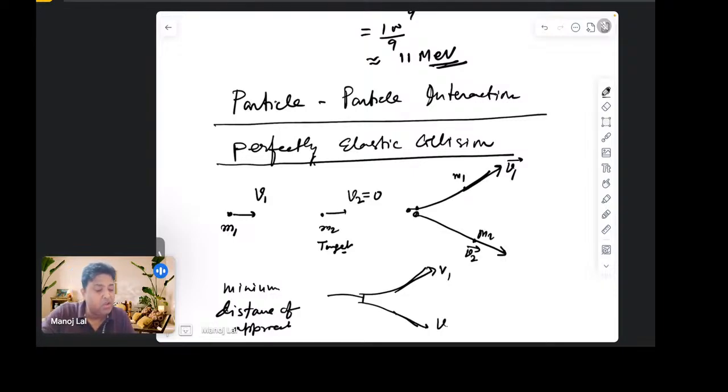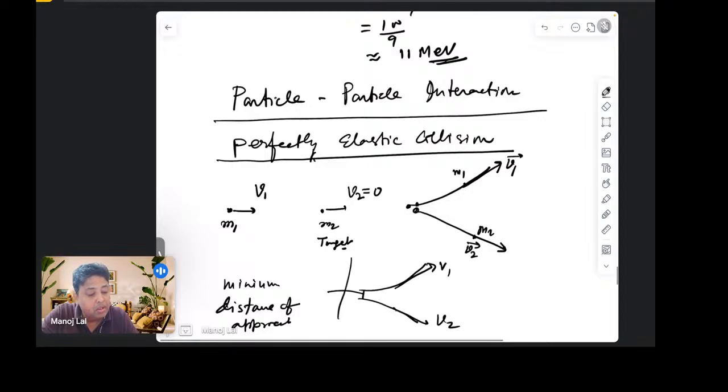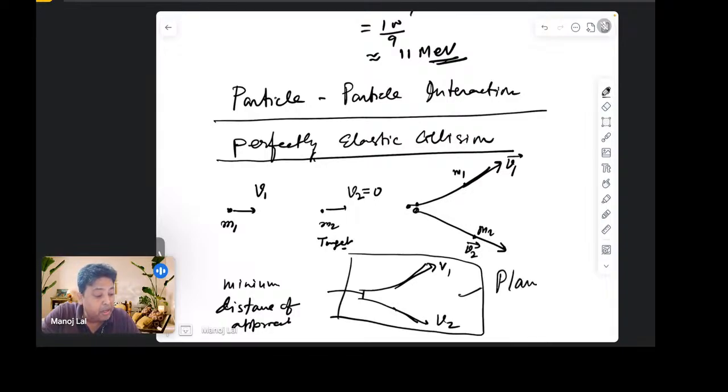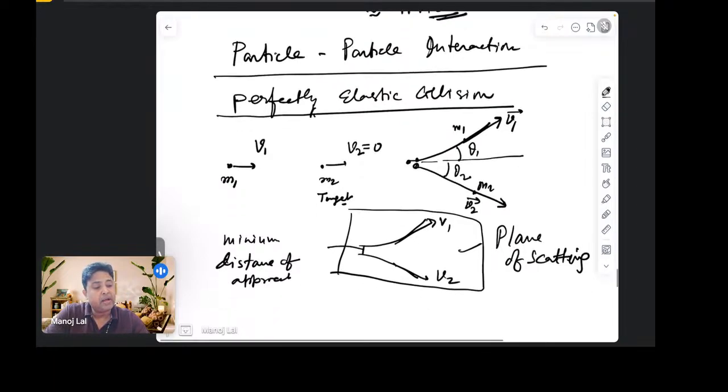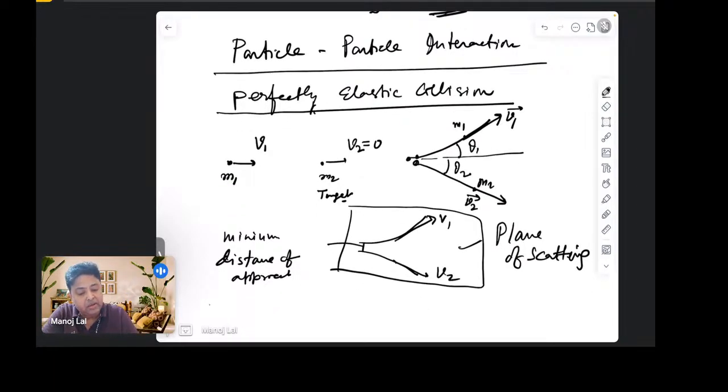This plane in which these two particles move is called the plane of scattering. It is basically a scattering. So particle 1 moves at an angle theta 1 with the initial line, and particle 2 moves at angle theta 2. Then, yes, we can apply the conservation of momentum.